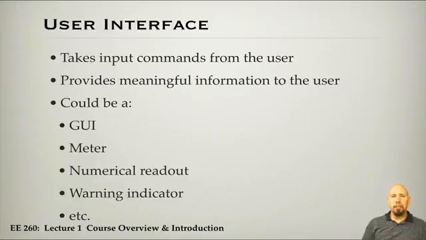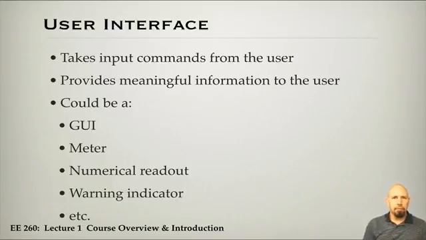User interface. So you have a user, a human, that's interacting with this system, and the user may want to put information into what's going on in the system. So the user interface needs to take input commands from the user. Say you want to enter a number. Let's say you enter the number 10, and a light over here blinks 10 times.